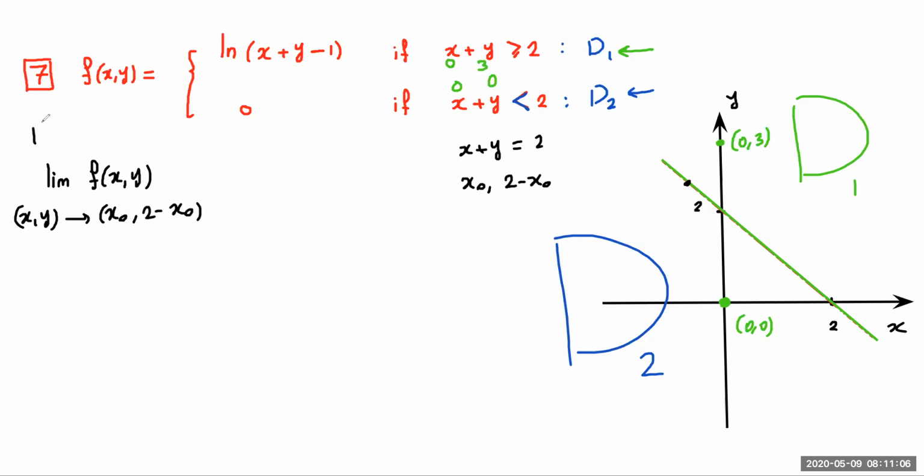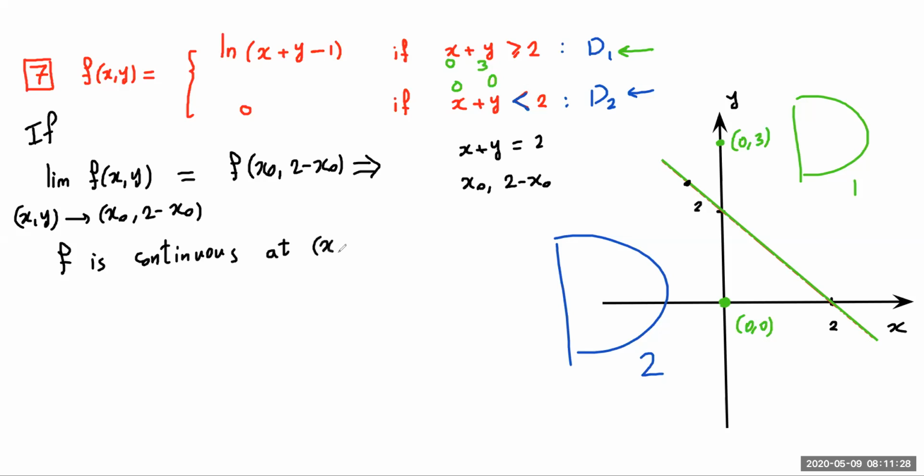If the answer equals f(x0, 2 minus x0), then f is continuous at the points (x0, 2 minus x0), and so continuous on R squared, all of its domain.